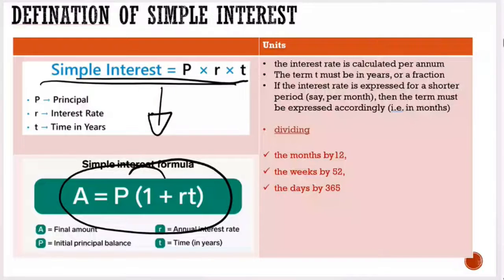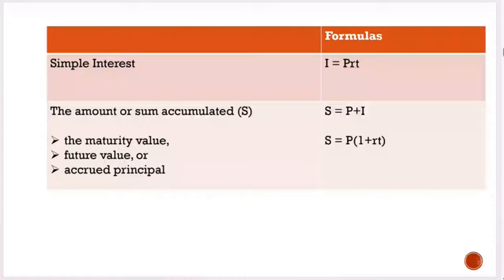So the simple interest, just an interest, is going to be an amount. This is the formula. Make sure you are aware of the formulas that you need to bring to memory when you are working with simple interest. These are the basic formulas that you need to keep in mind. And then the amount that is accumulated at the end of the period of investment will be this formula.